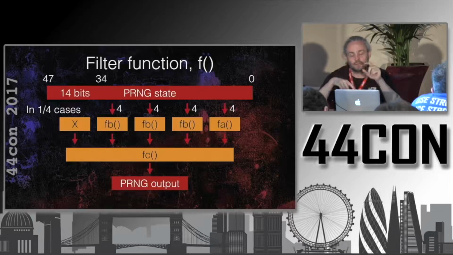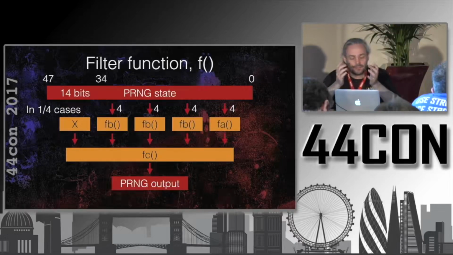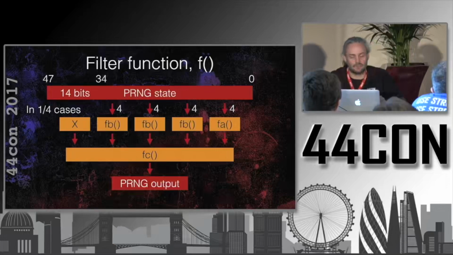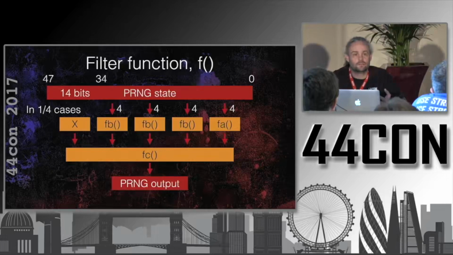And so what they did is essentially brute force that 34 bits and find candidates that might be the key, candidates for the first 34 bits of the key, and then for all the candidates brute force the last 14 bits.